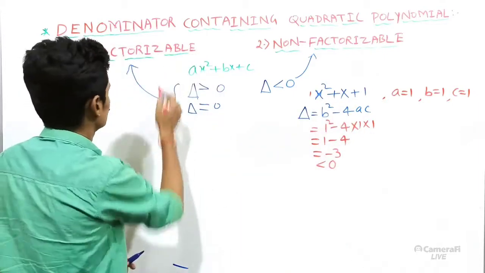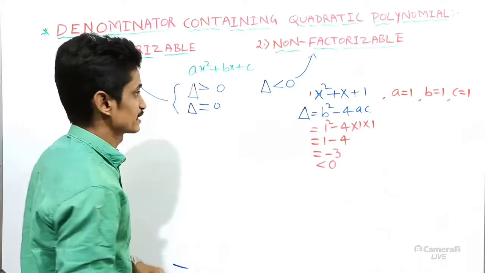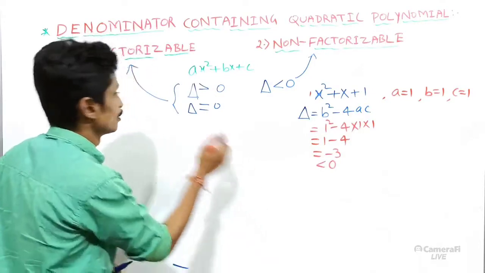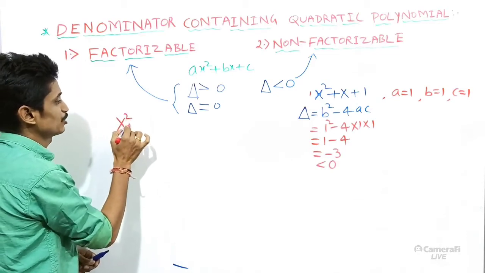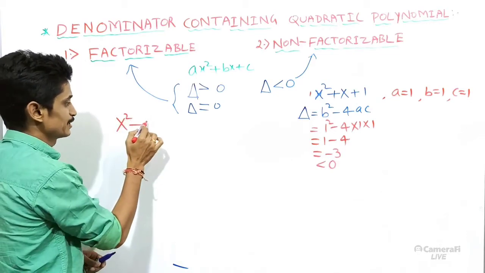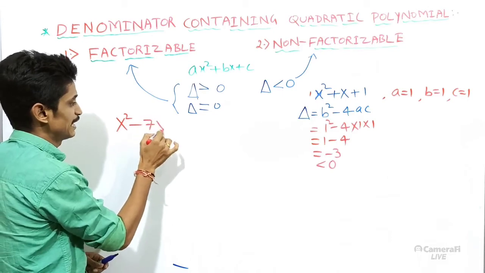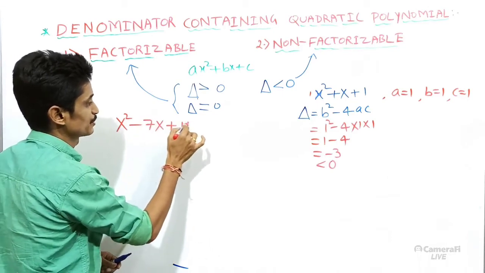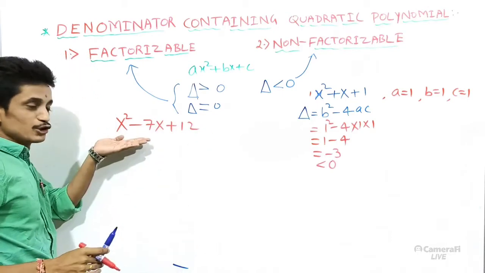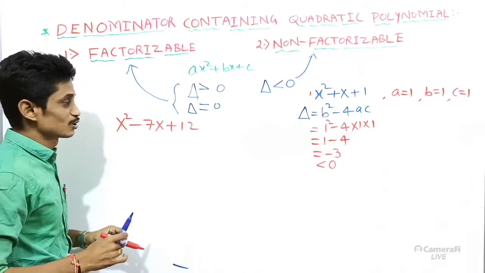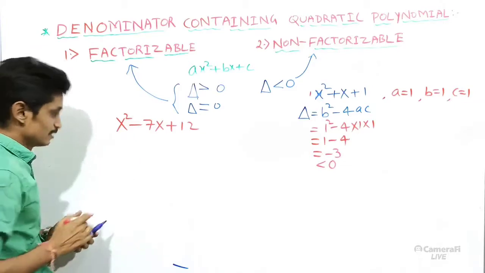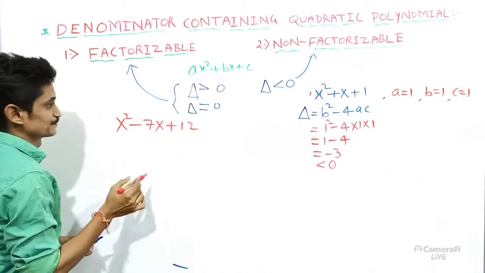Now come back to the factorizable form. How do these factorizable forms look? That is x square minus 7x plus 12. Such polynomials are considered factorizable quadratic polynomials. Let us check this one.